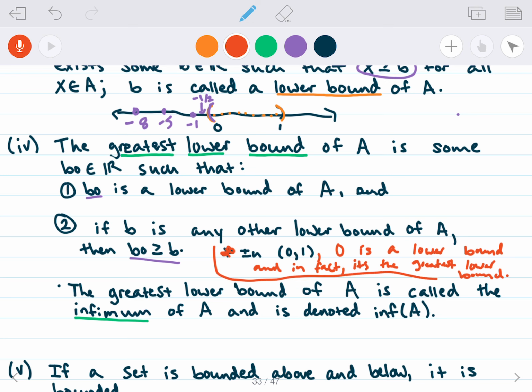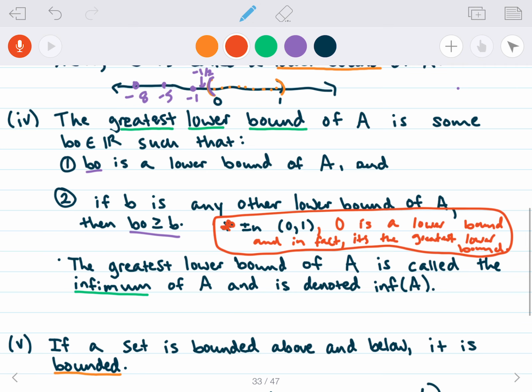So 0 is the greatest lower bound. There is nothing bigger than 0 that is a lower bound for the set, right? Think about that. Okay, so we also call the greatest lower bound the infimum of A, and that's how I'm going to refer to it from here on out, I think.